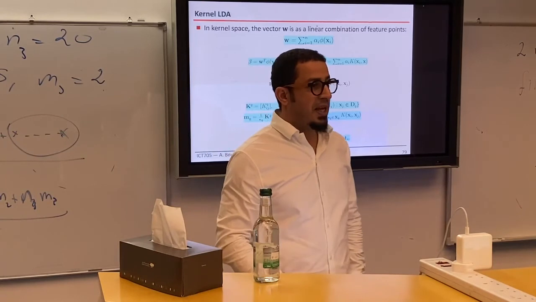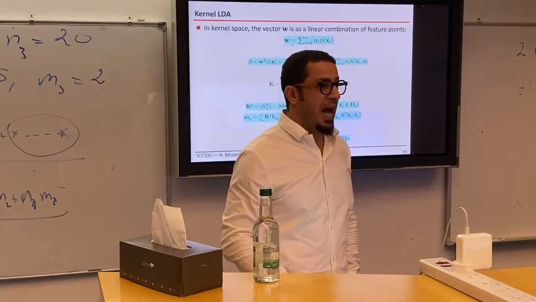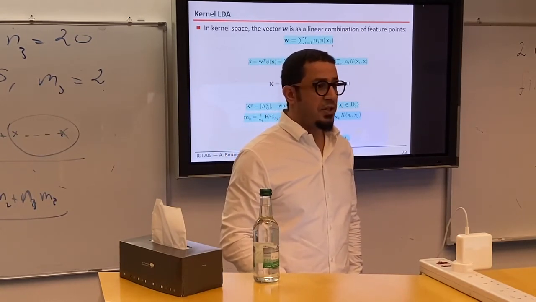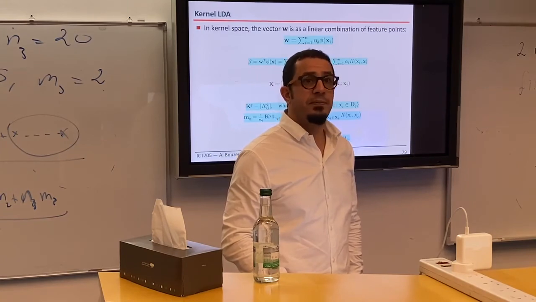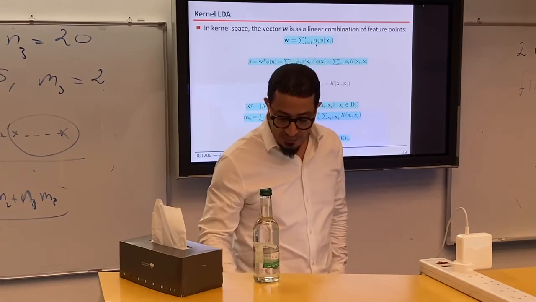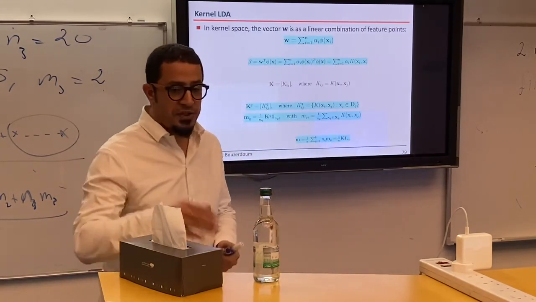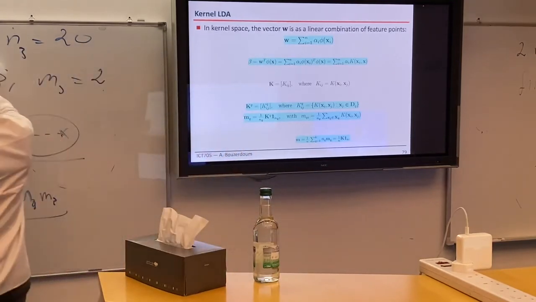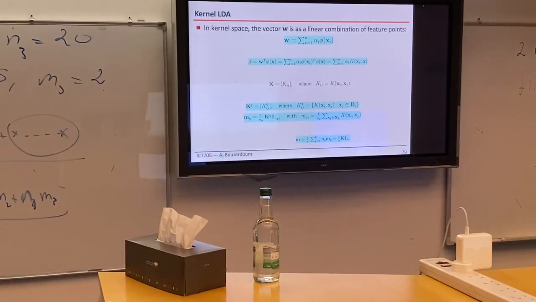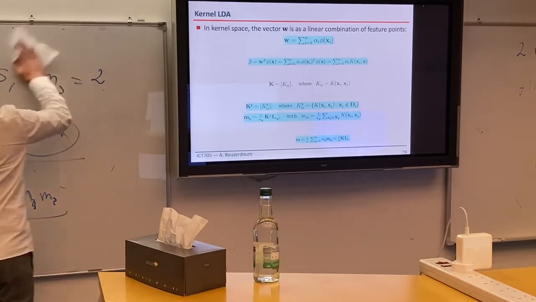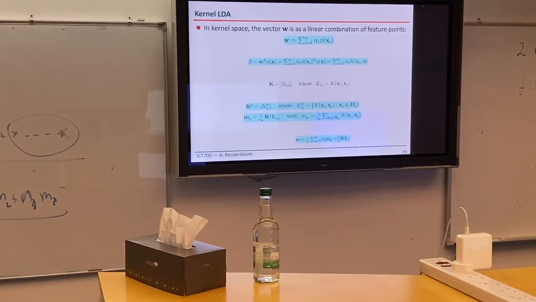Okay, look for example here. I have my W. I'm looking for it. So what is it? I need to find this one. The first thing you need to do is simplify the notations. Okay, I have my x1 until xn.